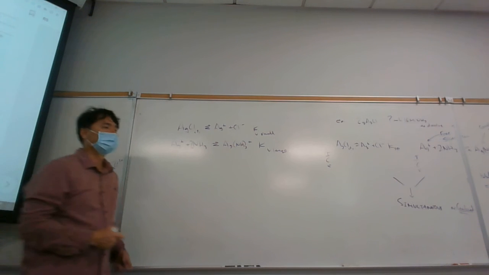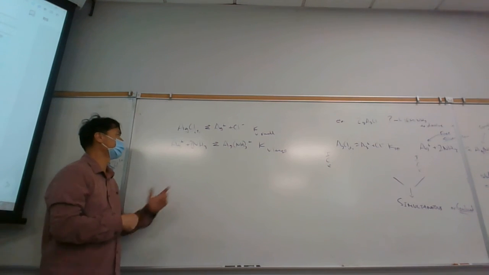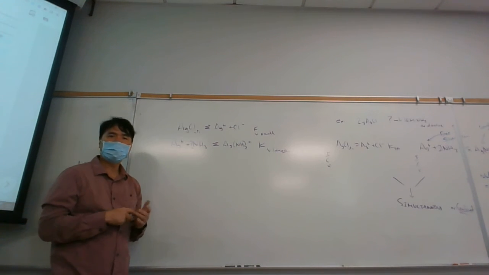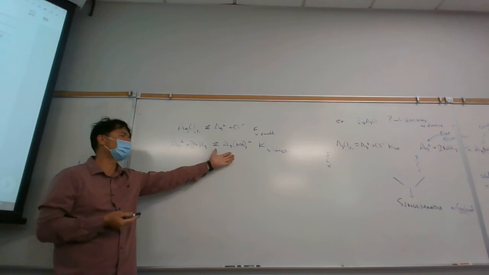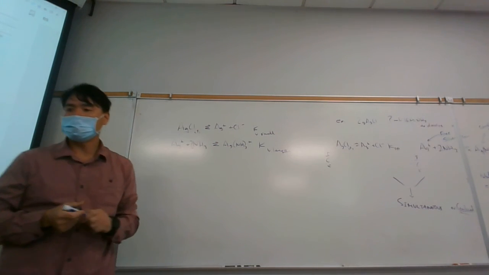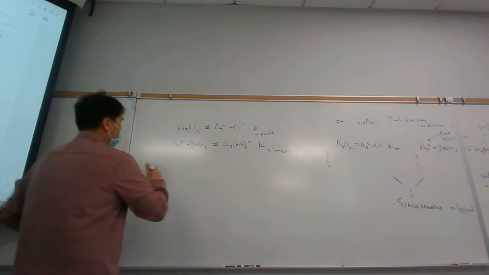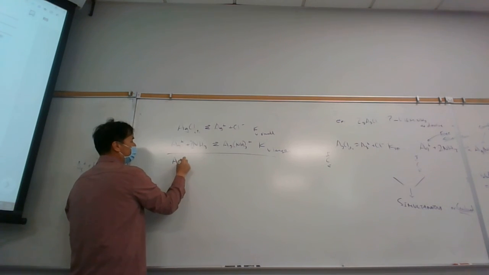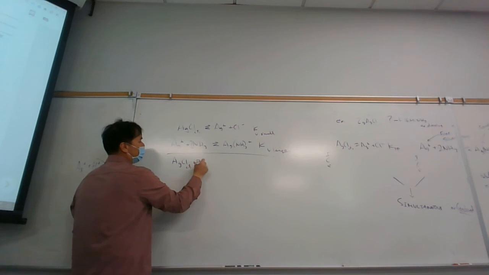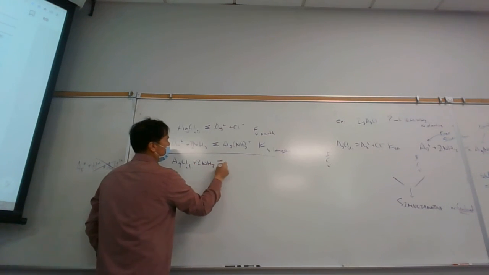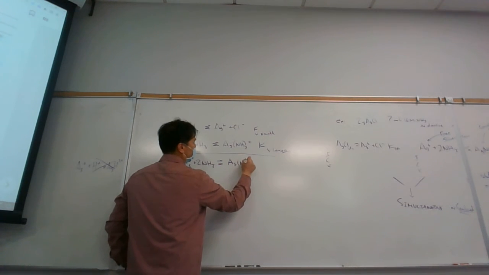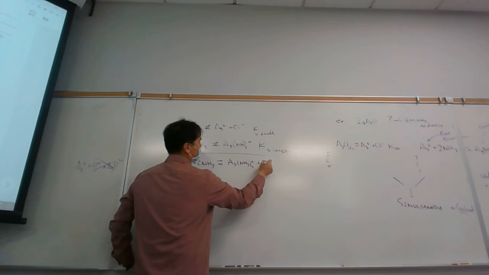So whatever silver ion does form is immediately attacked by ammonia, and the end result is most of the silver is complex. When I combine these two equations, the free silver cancels out. What I end up with is silver chloride solid plus 2 ammonias giving the diamine silver complex plus chloride.